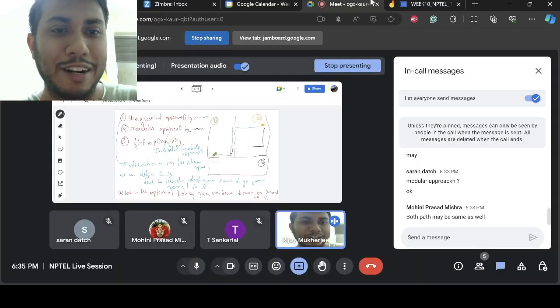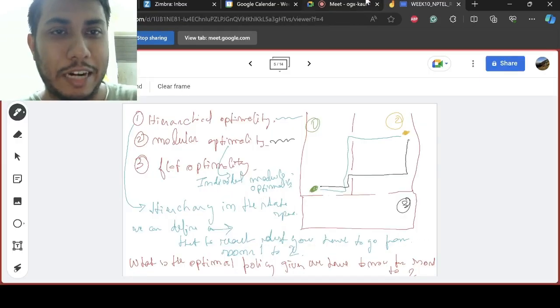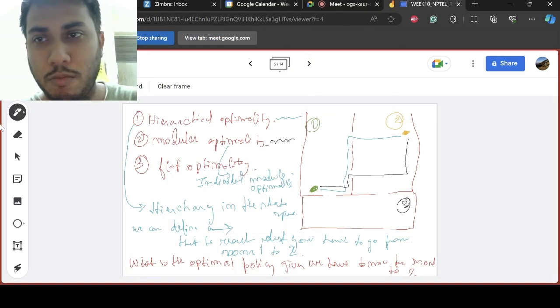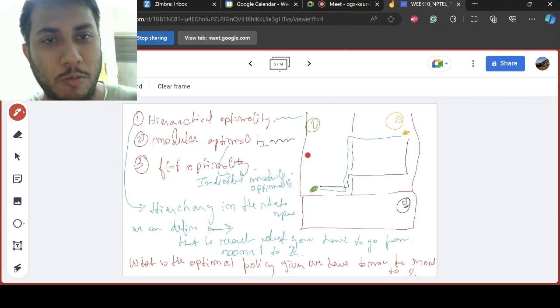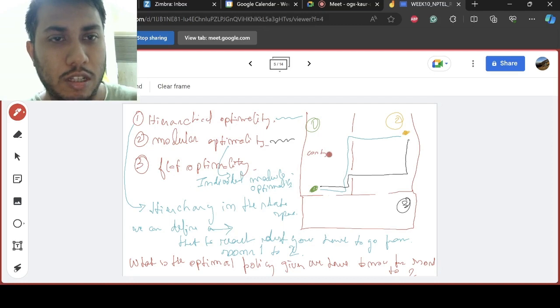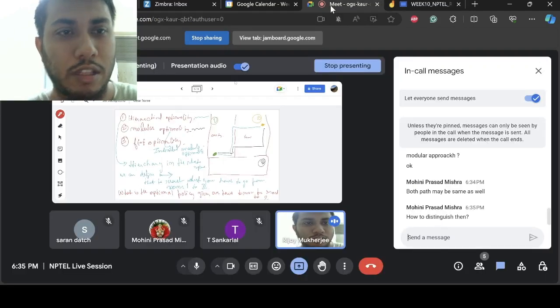Another thing that may happen is that, suppose moving in room 1 is much more costly than moving in this room, right? So the rewards may be different.